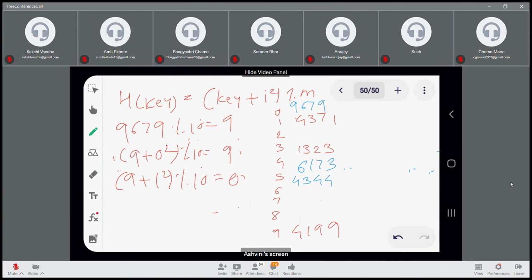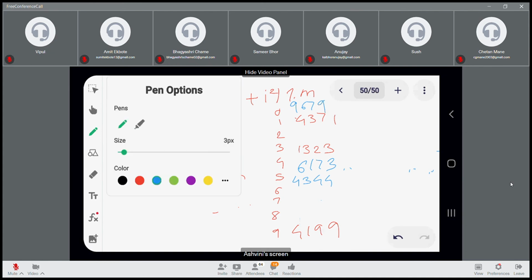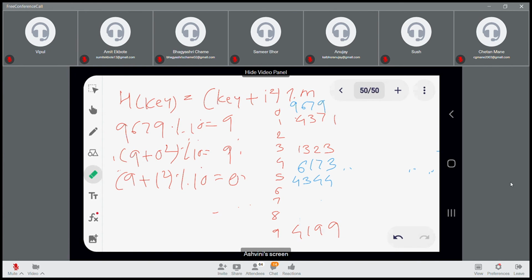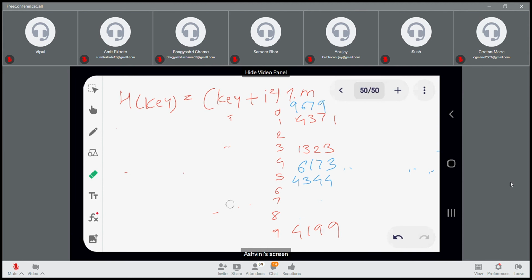Now what is the next number? 1989. I am just explaining the things, so I need to erase something, I need to use that place, but while solving the problem in your notebook, please write down very systematically.